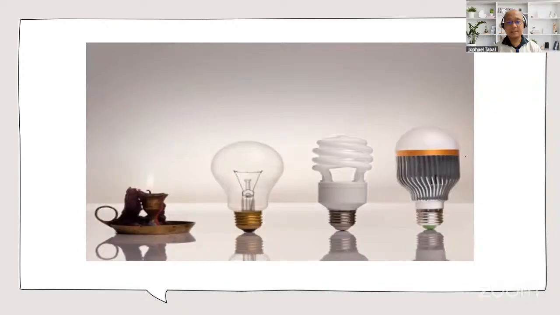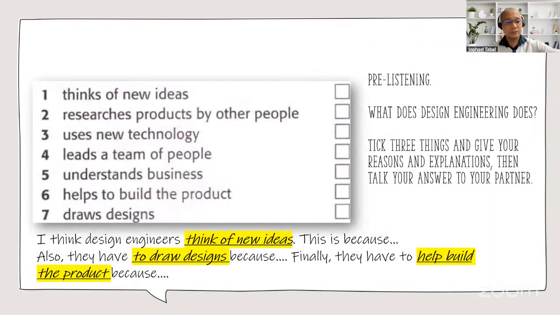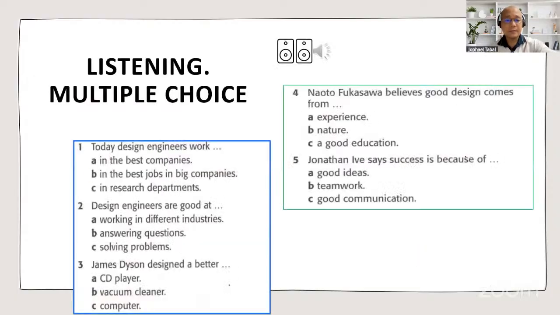In our next exercise, I want you to listen to two people talking about design or designers. I think we learned some new words last meeting, for example designers, mechanic, and so on.